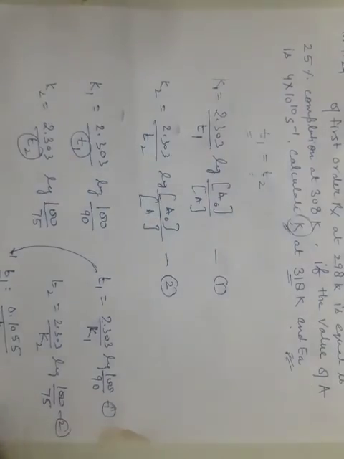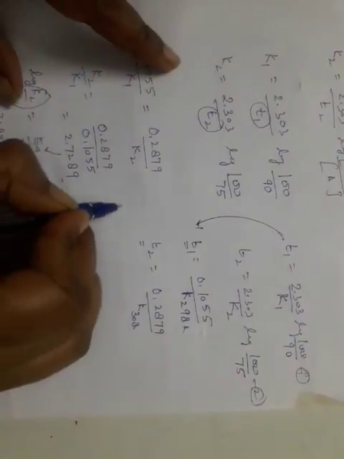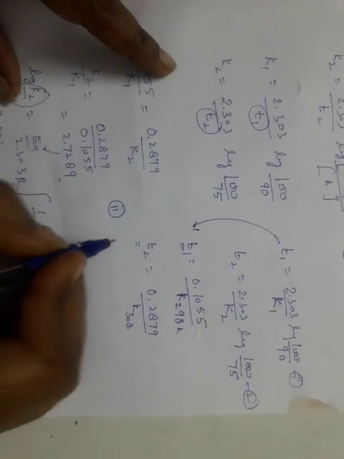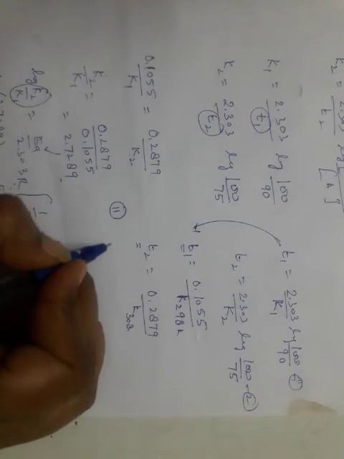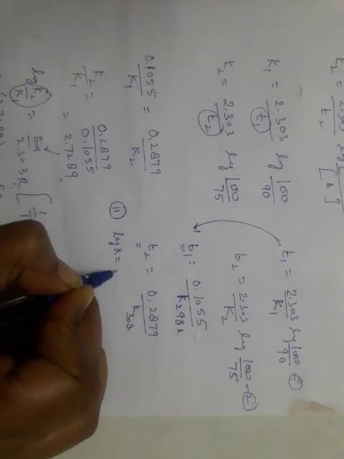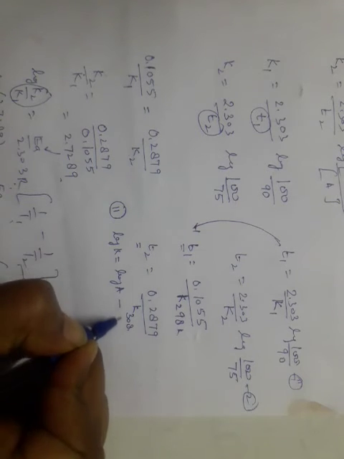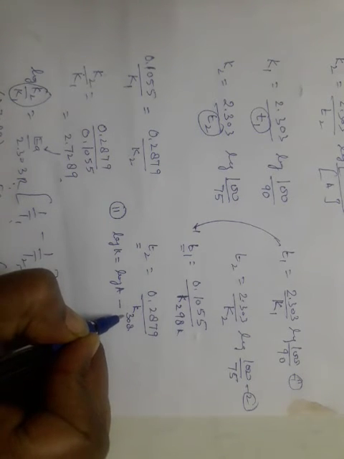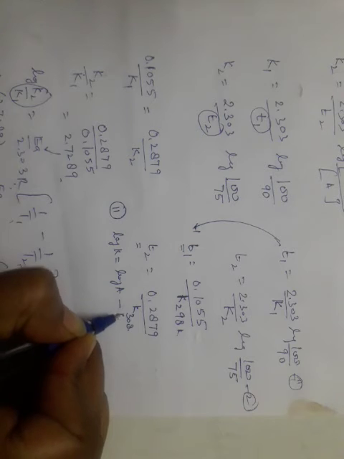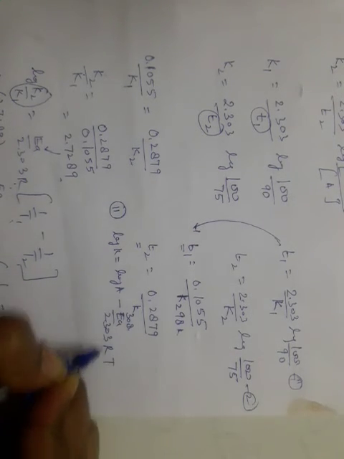So apply the Arrhenius equation, which is log K is equal to log A minus EA upon 2.303 RT.